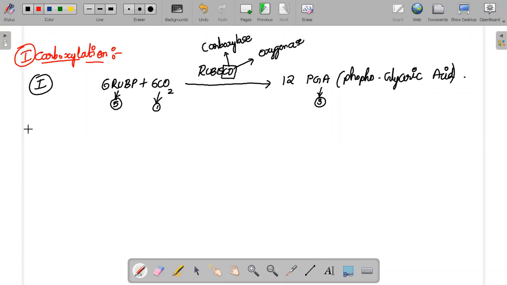When you go and see your second step, which we completed in yesterday's class itself, it is called the reduction reaction.